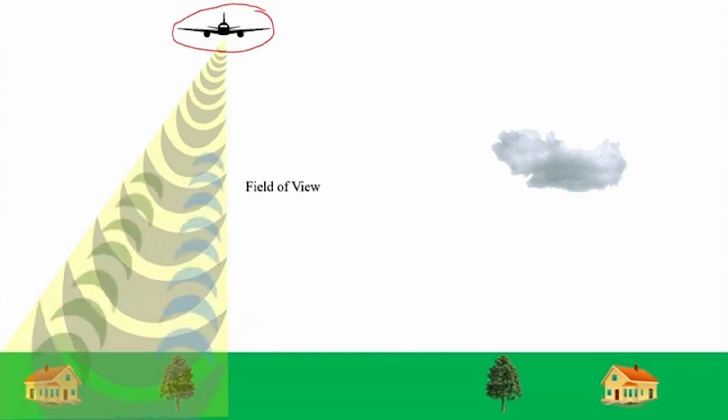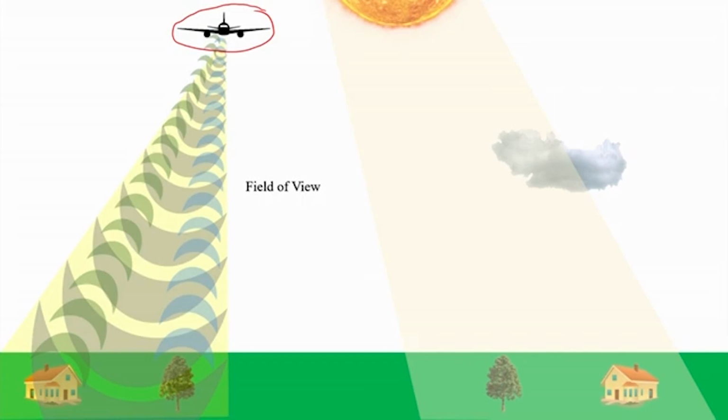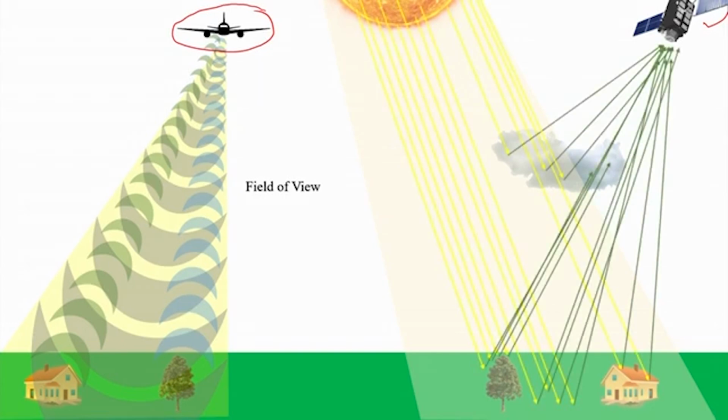You can see the house responds later, whereas the tree received the pulse in the beginning. In case of passive, the sun is our source and this is our satellite. The sun is illuminating our surface and the back scattered energy will be received by our sensor.